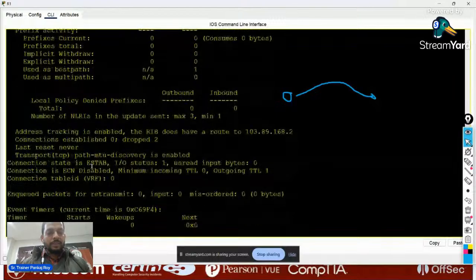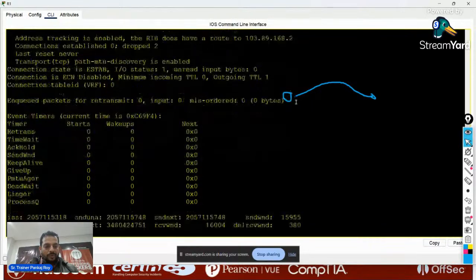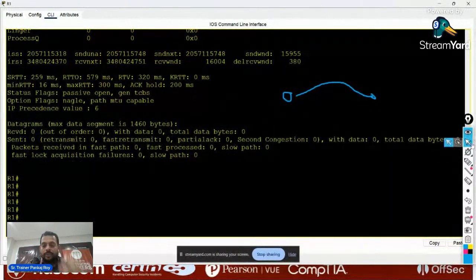So nothing is sent, no packets. Now go to the other router, router number 2.